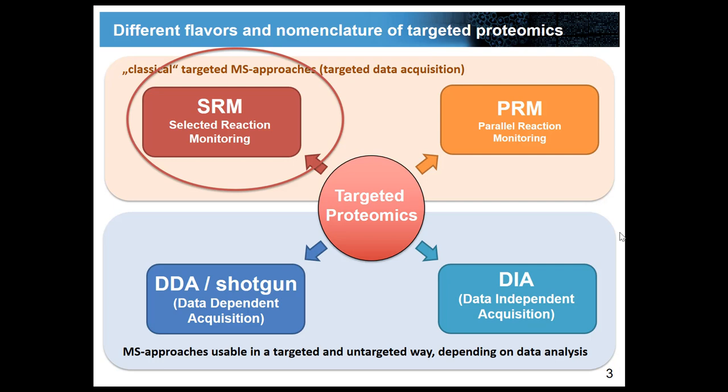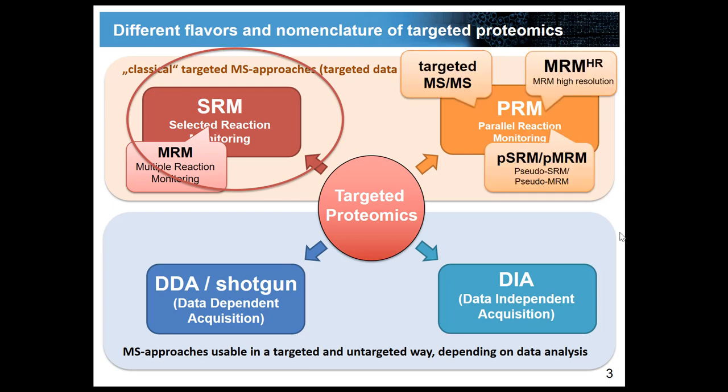What makes this slide a bit more complicated, or what's actually kind of a problem in the field, is the fact that for all of these different methods that you see here, we also have different nomenclatures that are used by the community. So for example, the term selected reaction monitoring, Mike brought it up already, you will also sometimes hear referred to as multiple reaction monitoring.